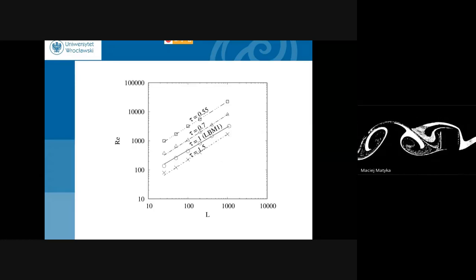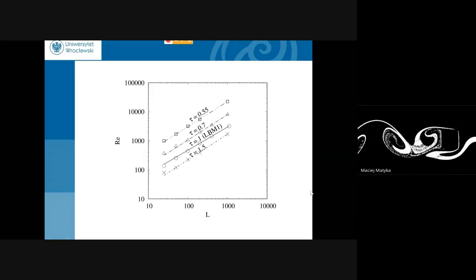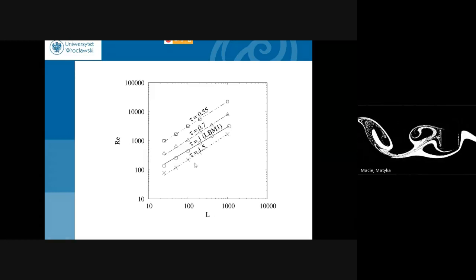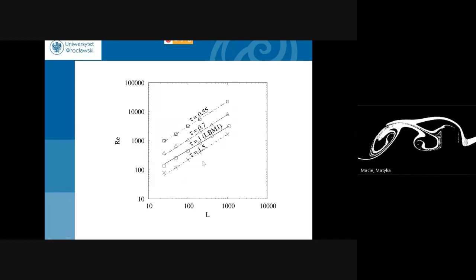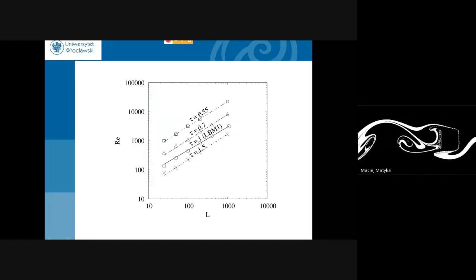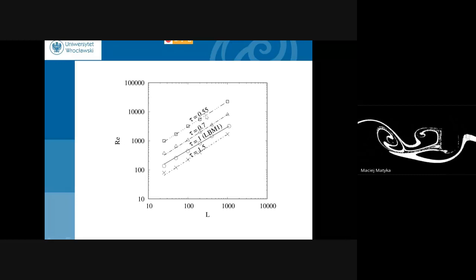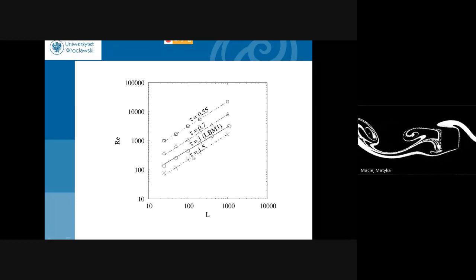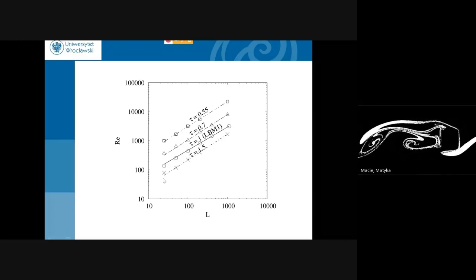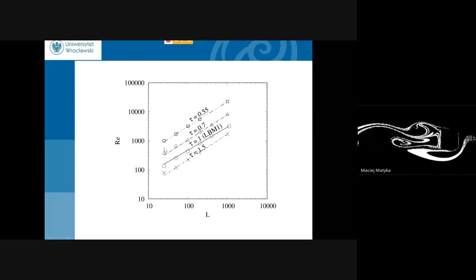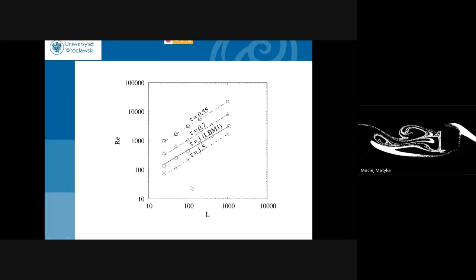Now, how about the Reynolds number? As I told you, we have to increase the size of the mesh, and you have this plot which shows you the stability of the solver for a given tau. So I used tau from 0.55 up to even 1.5. What I was doing, I was running the driven cavity for a given lattice size and increasing the Reynolds number.